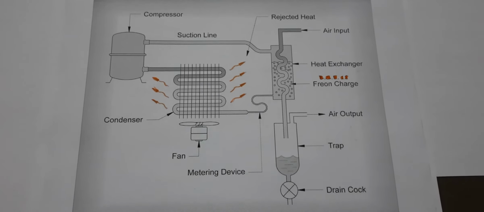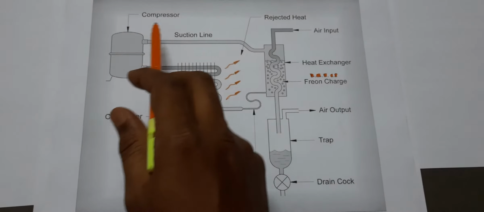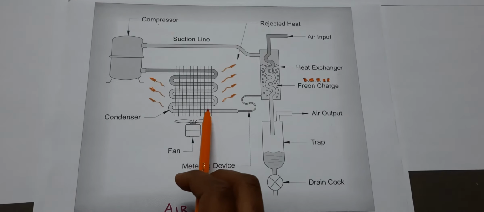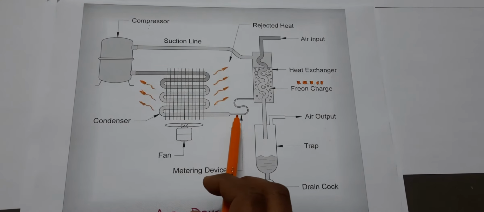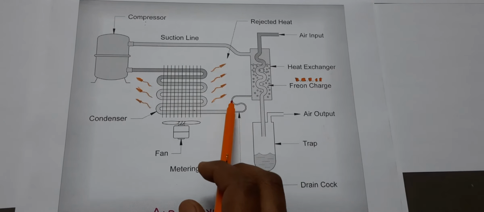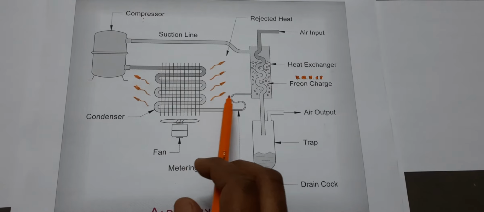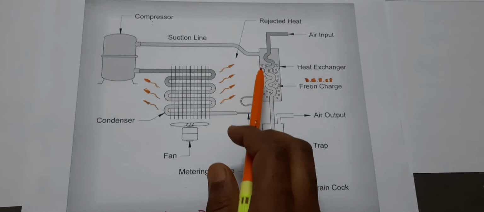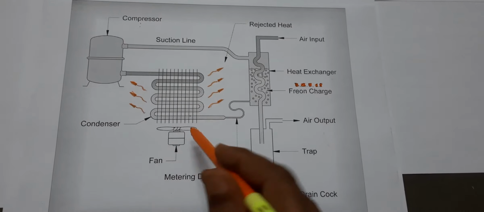This is the schematic of the air dryer. Here, as we discussed, this is the compressor, this is the condenser, this narrow tube is called the metering device or expansion device, and this part is the evaporator, or generally heat exchanger.